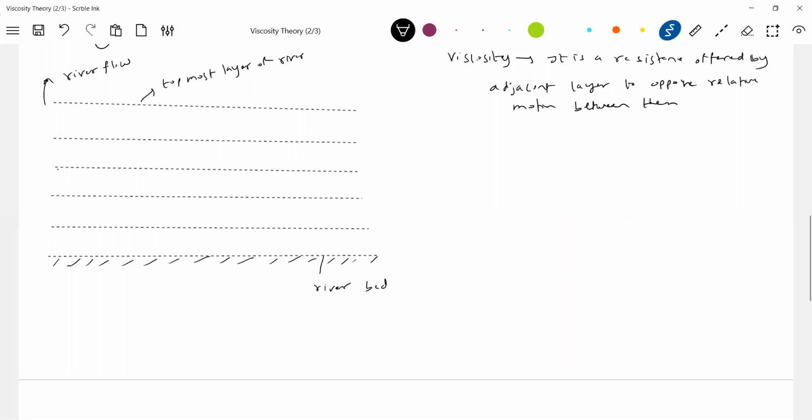It is a measure of the resistance offered by the adjacent layers to oppose relative motion between them.